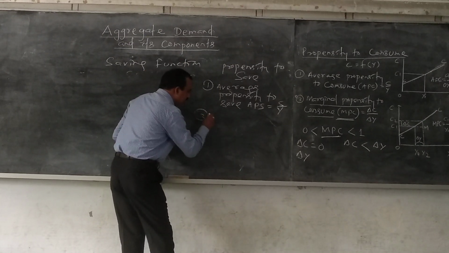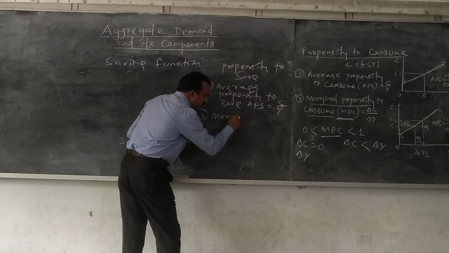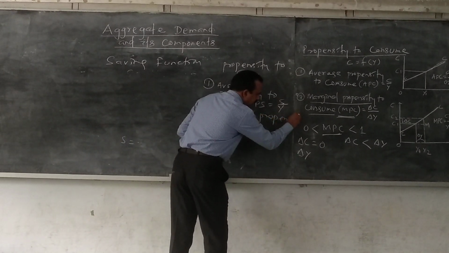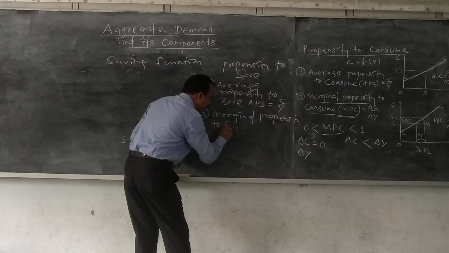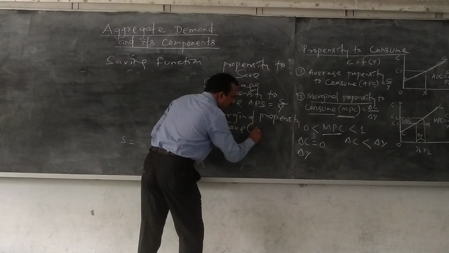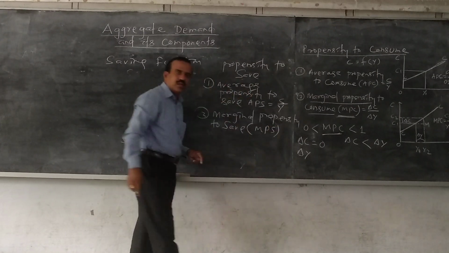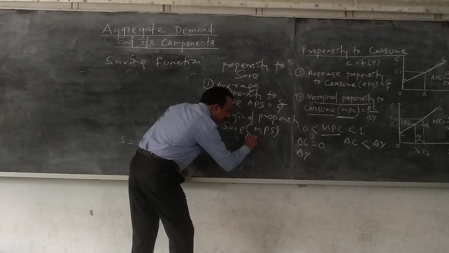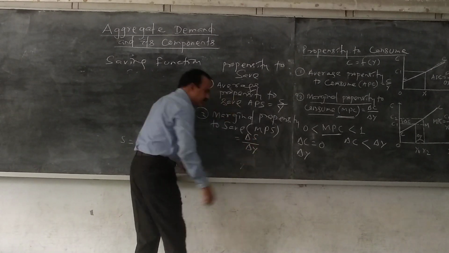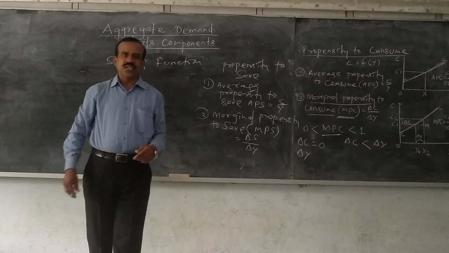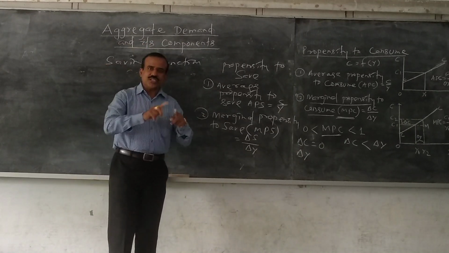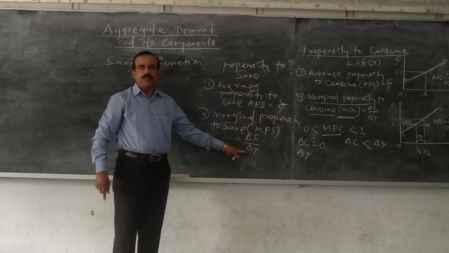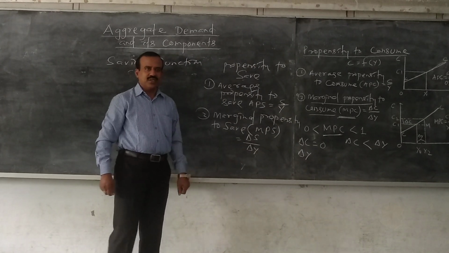The second one is marginal propensity to save, that is your MPS. It is the ratio between change in saving and change in income. When income changes, saving changes. So the ratio between change in saving and change in income is called marginal propensity to save.